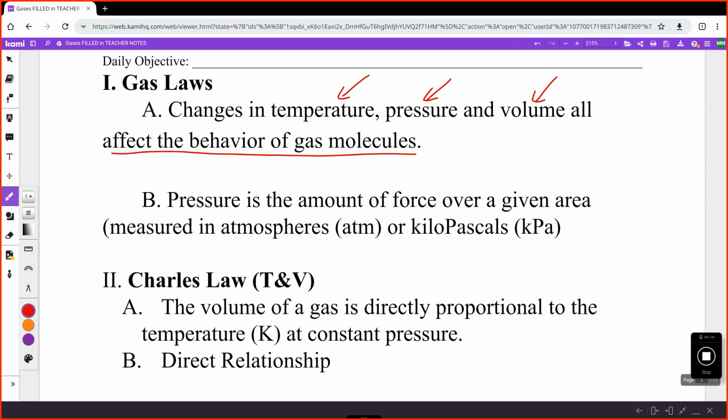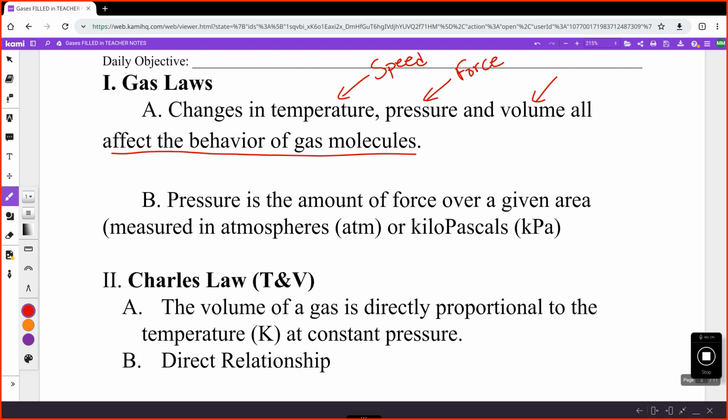So for temperature, we want to be thinking about the speed of the molecules. Temperature goes up, the molecules move faster. Temperature goes down, the molecules move slower. Pressure is a force exerted by the molecules and on the molecules.